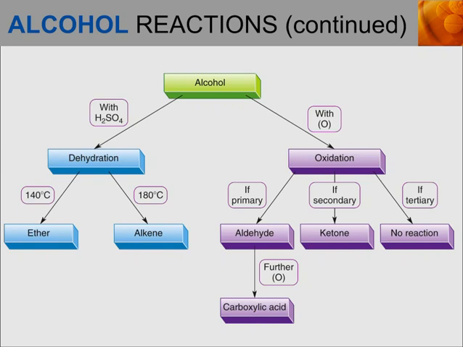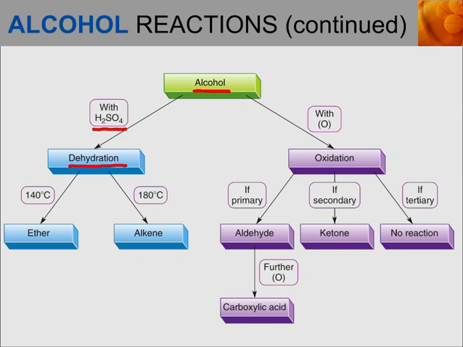Again, we're starting with an alcohol for each of these reactions. If we add sulfuric acid, H2SO4, that's going to give us a dehydration reaction. But depending on the temperature, we could end up with different products.